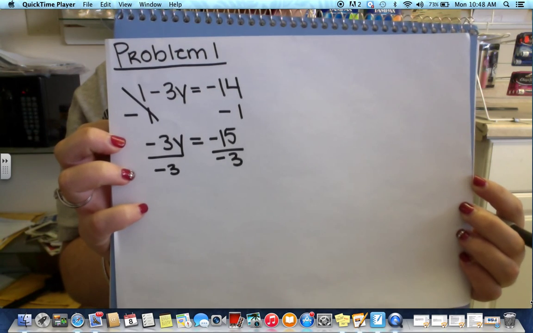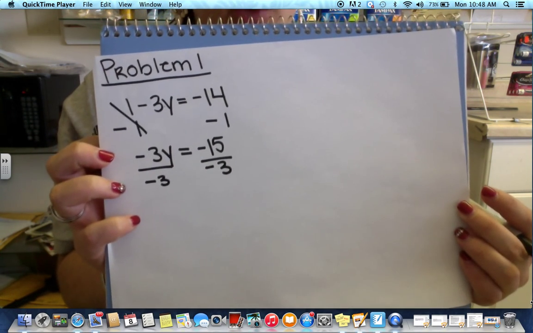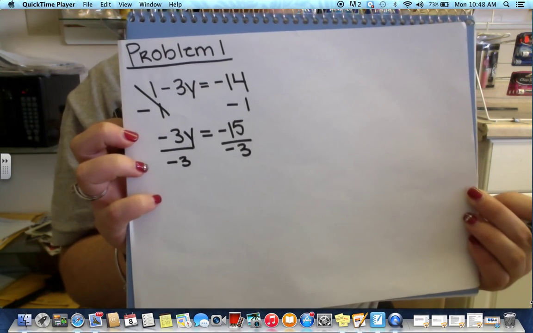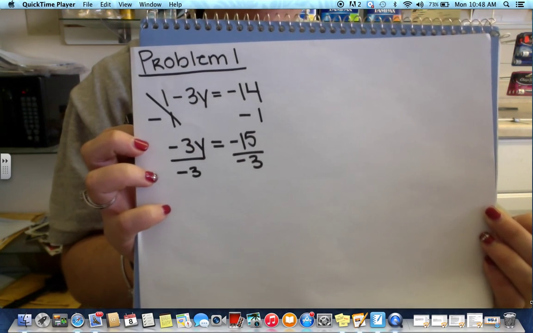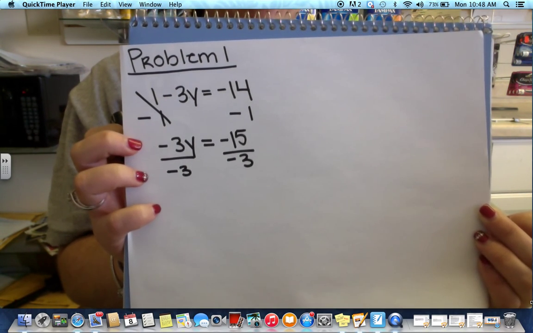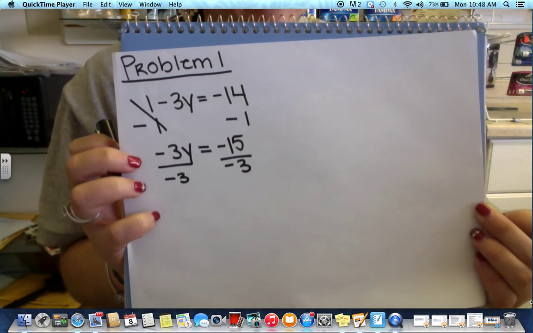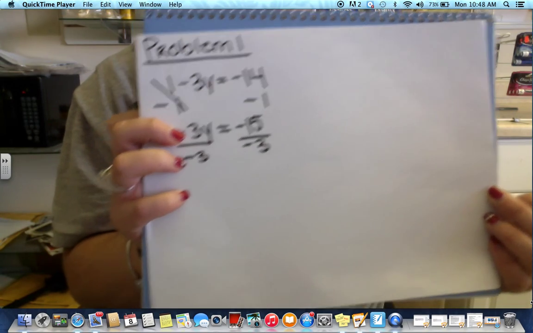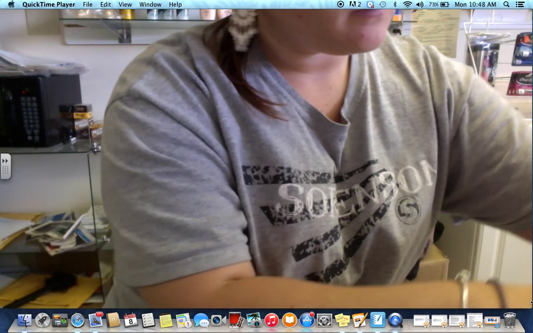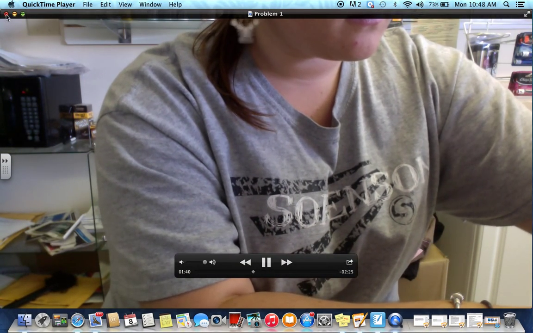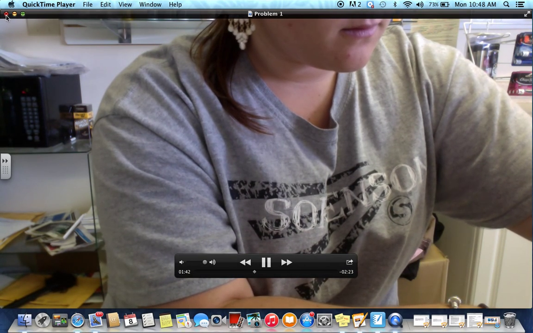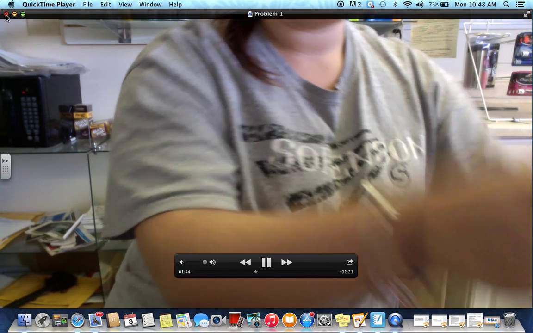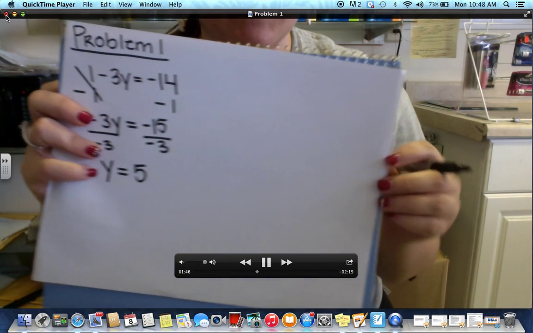And then in order to get the final answer, you have to divide. Since they're both negatives, it makes it into a positive. So 15 divided by 3 makes it 5. So that's what it'll look like.